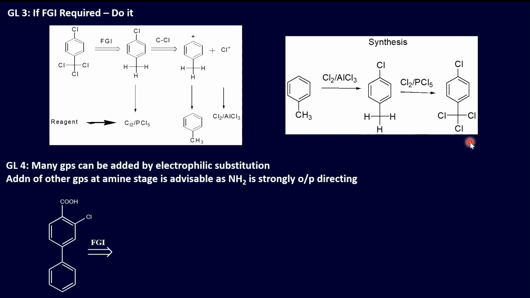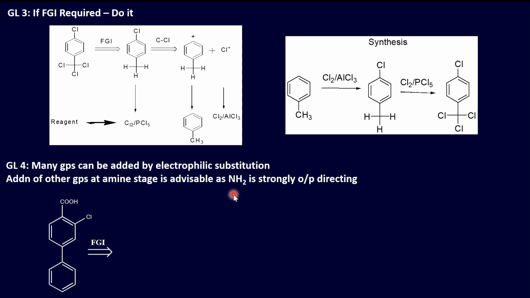Generally, in retrosynthesis or any organic compound, electrophilic substitution plays a very important role. We can add n number of substitutions, starting from nitronium ion to sulfonium ions to halogen ions and whatnot. And this reaction, electrophilic substitution, can be hastened in the presence of an electron donating group like the amino group.